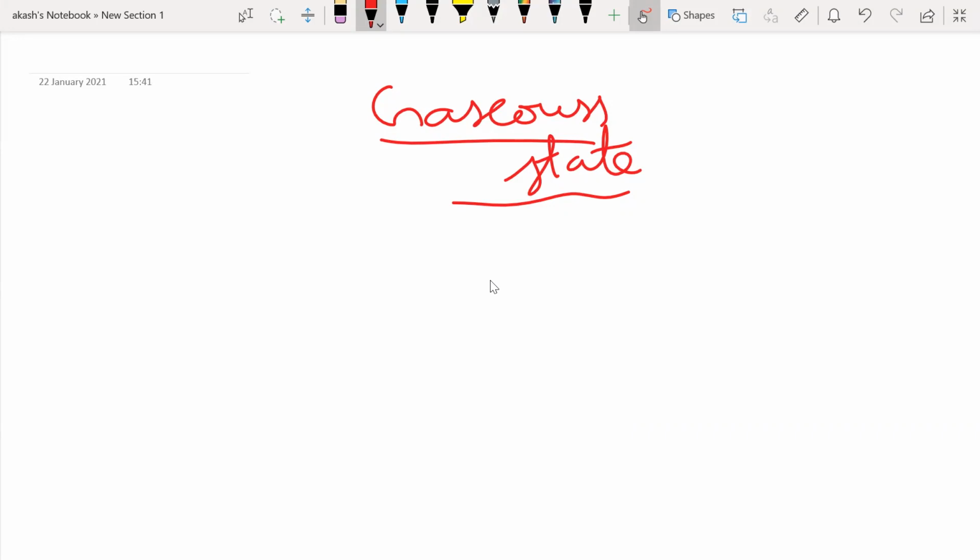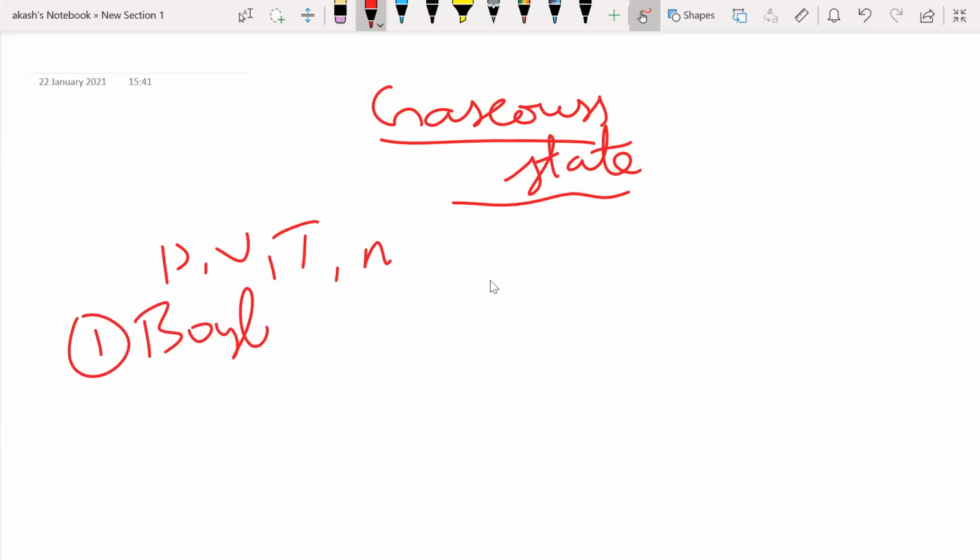Fine. So there are going to be laws which connect these things, I would say four things: pressure, volume, temperature, and number of moles. The first among these is Boyle's law, right? At constant temperature, the pressure and volume are inversely related.